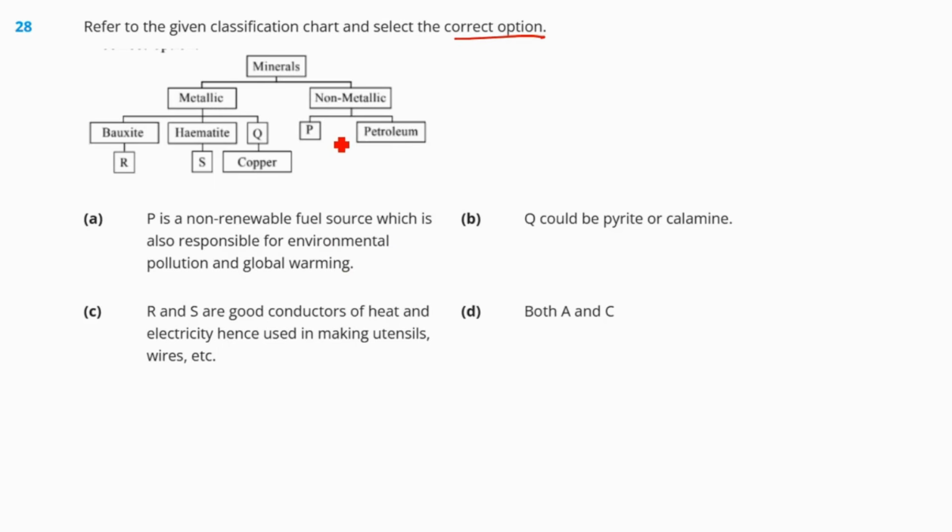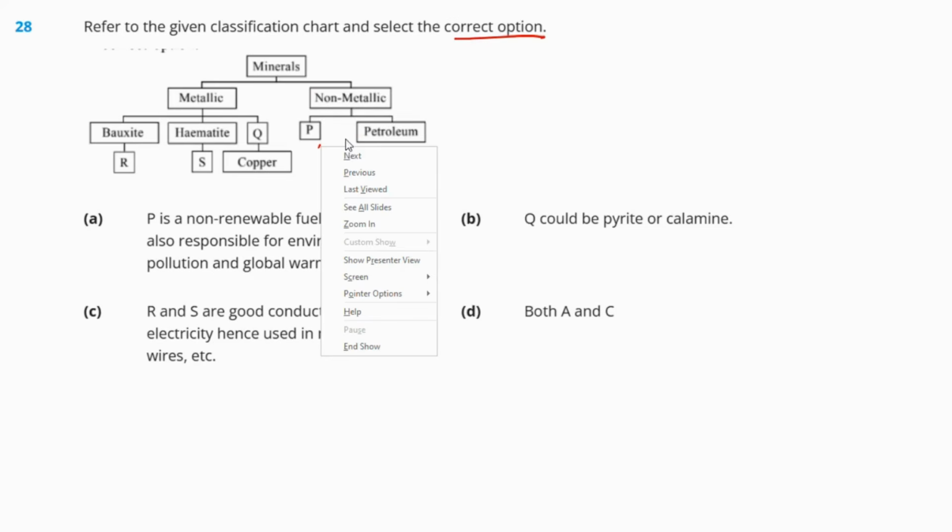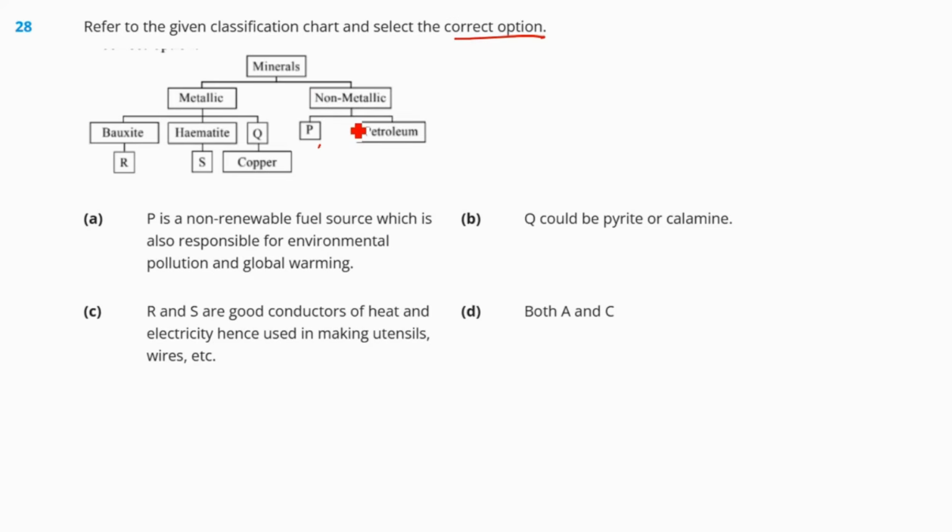Yes, it can be, because among the non-metallic minerals there is petroleum and like other non-metallic minerals, diesel and other things. These are non-renewable fuel sources and they are responsible for environmental pollution. So this is the correct statement.